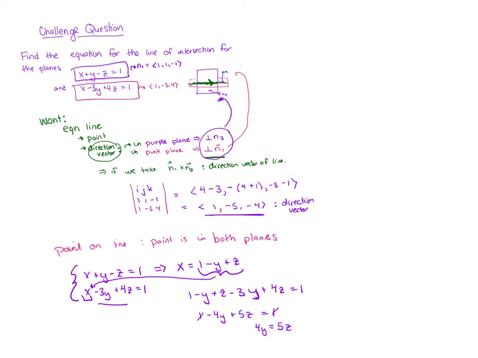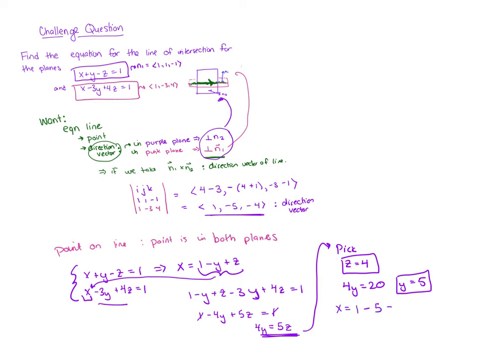So now I can actually pick a value for either y or z, and that'll help me find everything else. So I'm going to let z equal 4, because then I get 4y equals 20, so y equals 5. I get nice integers there. If z is 4 and y is 5, x was just 1 minus y plus z, so therefore my x is equal to 0.